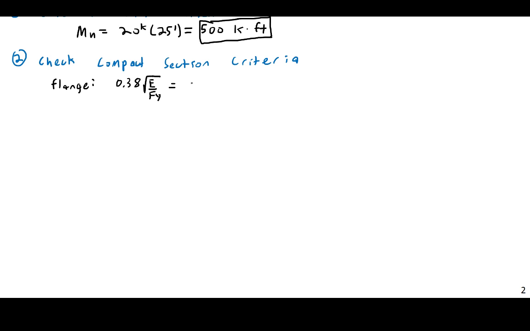This is 0.38 times the square root of 29,000 KSI over our yield strength of 50 KSI. And this comes to 9.15. And from our previous slide, we saw that BF over 2TF is equal to 5.60. And remember, BF over 2TF is equal to 5.60. I should mention that.